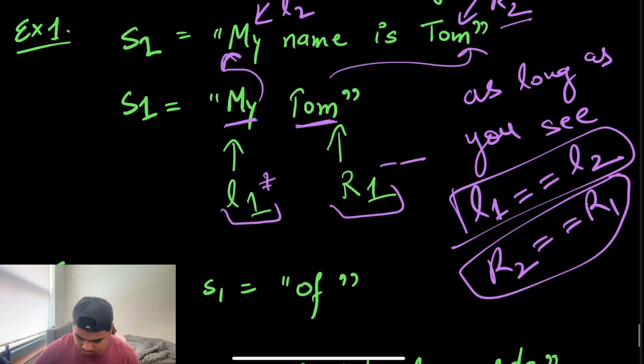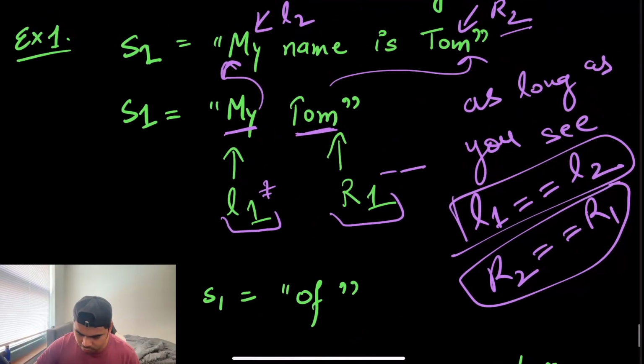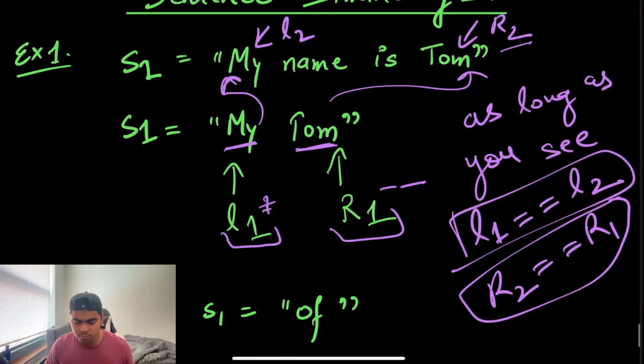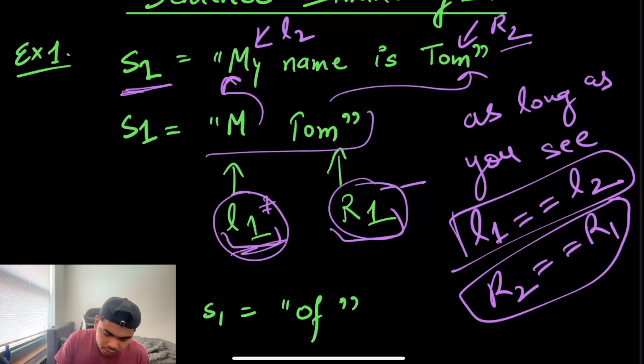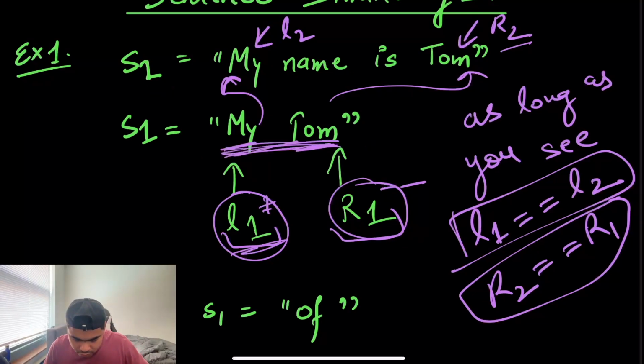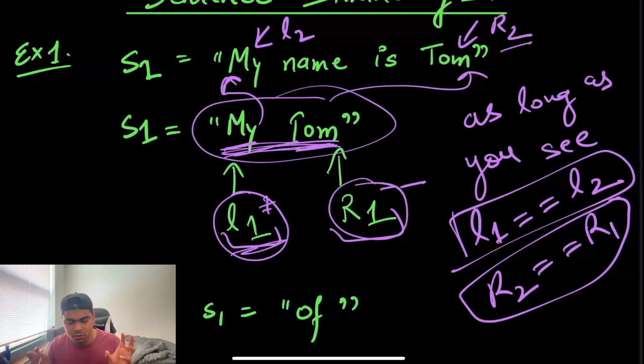All right, so this we have gone over, so how do we return our answer? If we see that our L1 becomes greater than our R1, that means we have seen all of these words inside my sentence 2, because that's where I was trying to observe the occurrences of my sentence 1 words.